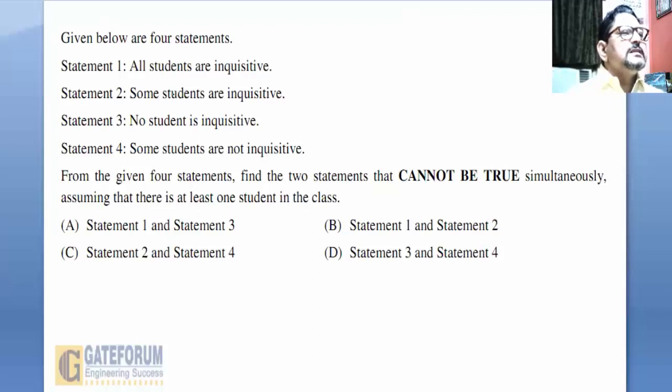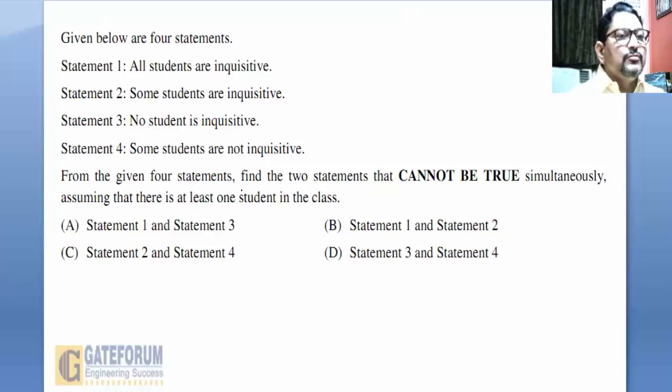Statement 2 says some students are inquisitive. Statement 3 says no student is inquisitive. Statement 4 says some students are not inquisitive. Okay. From the given 4 statements, find the 2 statements that cannot be true simultaneously.